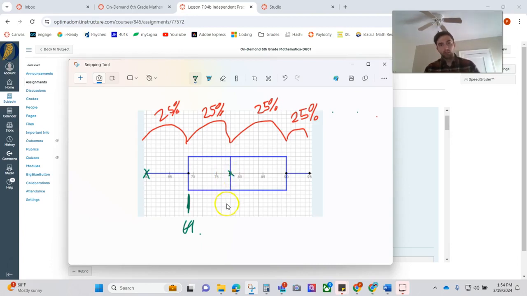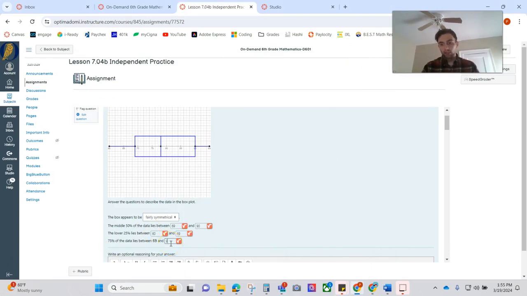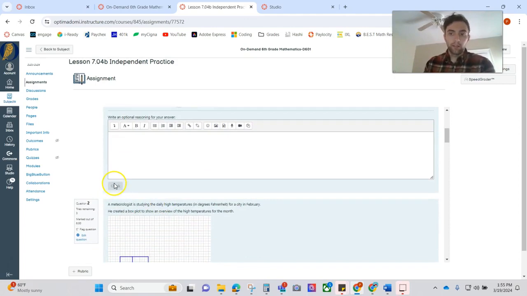Nope, that's only 25%. What about between 69 and 90? Is that 75% of the data? Nope. What about between 69 and 95? Is that 75%? 25, 25, 25. Oh yeah, that is 75. So 95. 69 to 95 is 3 sections of the box and whisker plot.